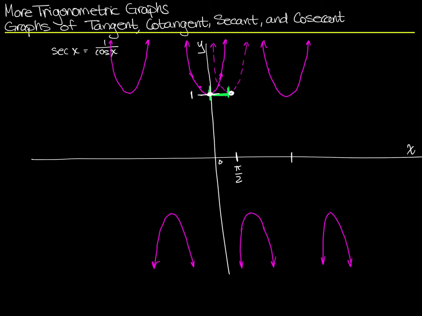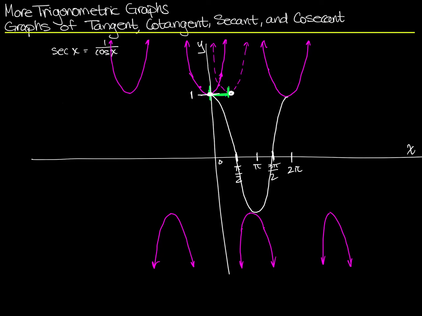Let me put in a couple more marks here. This would be pi, 3 pi over 2, and 2 pi. And cosine does this. It starts at 1, goes through the x-axis at pi over 2, it goes down to negative 1, goes through the x-axis at 3 pi over 2, and it's 1 again at 2 pi.